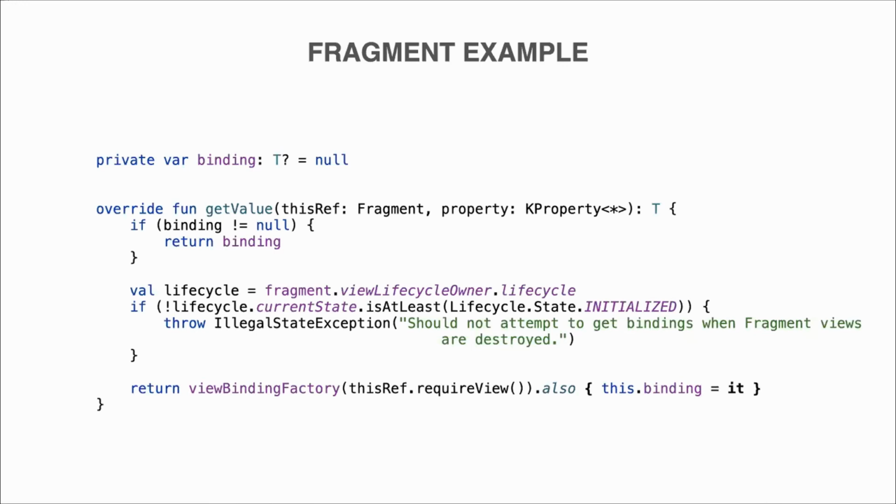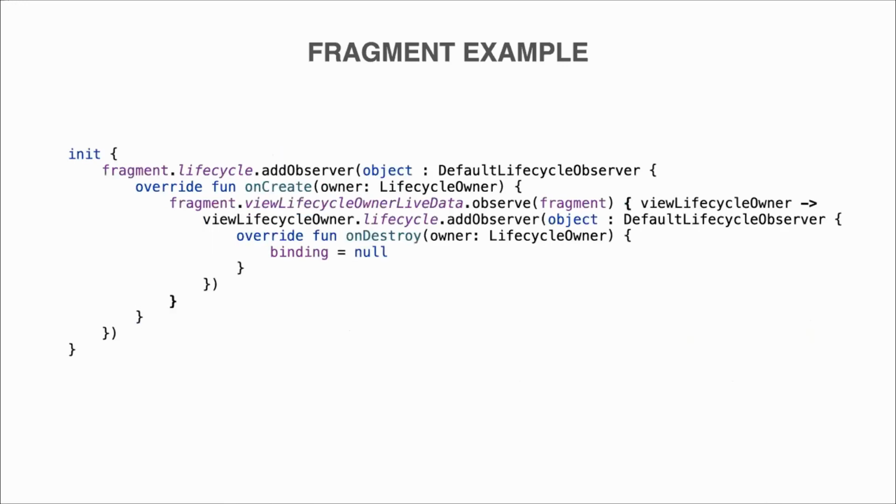Okay, and the third part, the really important part of this delegate, is the lifecycle observing. This is the init method of the delegate, and it runs as soon as it's created. This method subscribes to the lifecycle of the fragment first, and then when it's created, it subscribes again to the lifecycle of the view owner.